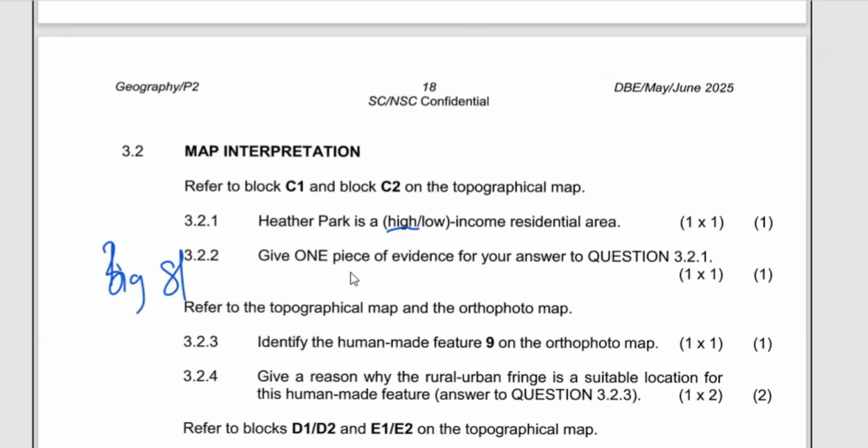bigger stands there. The units are big if you try to check. And also if you check, they are not standardized. Standardized, meaning to say they're not the same.